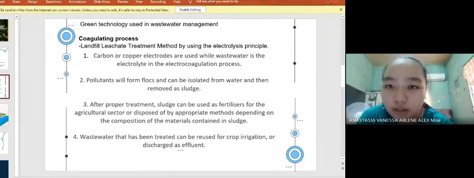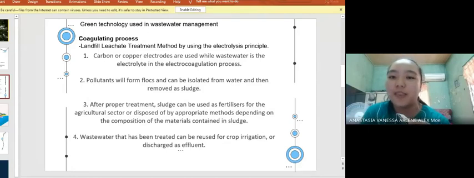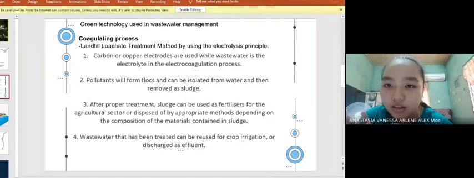After proper treatment, sludge can be used as fertilizer for the agricultural sector or disposed of by an appropriate method depending on the composition of the material contained in sludge. Finally, treated wastewater can be reused for crop irrigation or discharged as effluent.